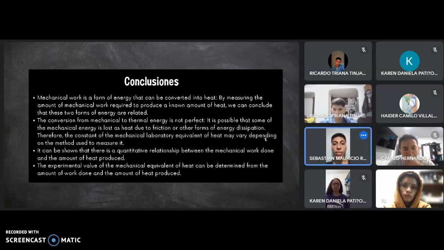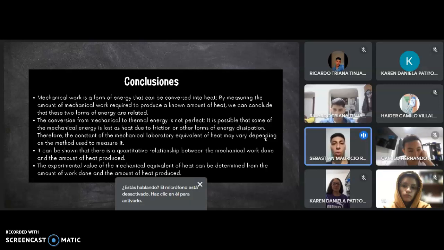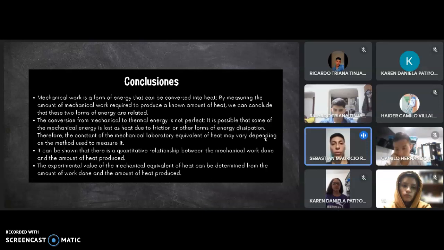And secondly, mechanical work is a form of energy that can be converted into heat, because of the amount of mechanical work required to produce it, and we can conclude that heat and mechanical energy are related.